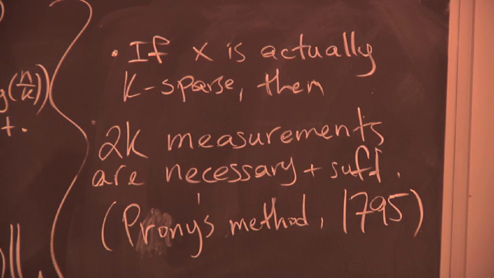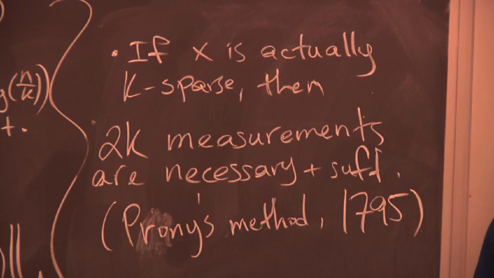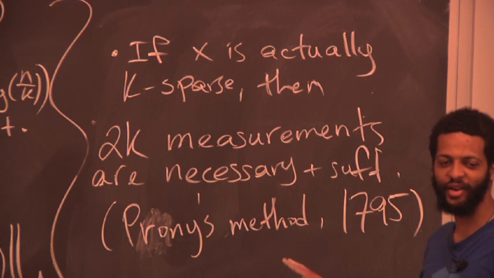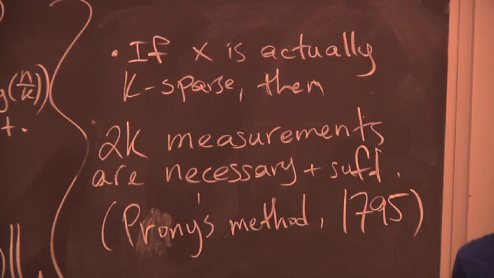So you guys know a lot more math than people did in the 1700s. So analyzing this is definitely well within your abilities. There'll be plenty of hints on the p-set problem, but we're not going to cover this in class.